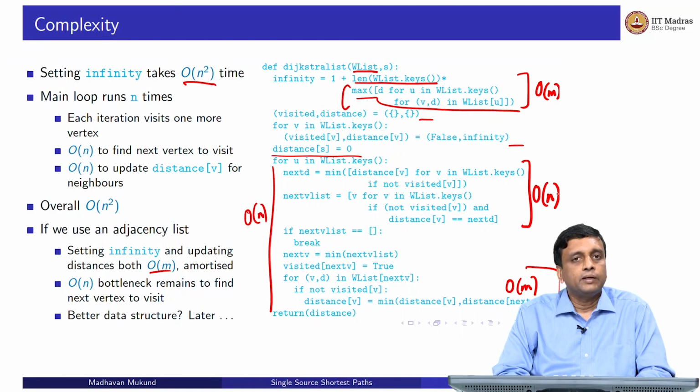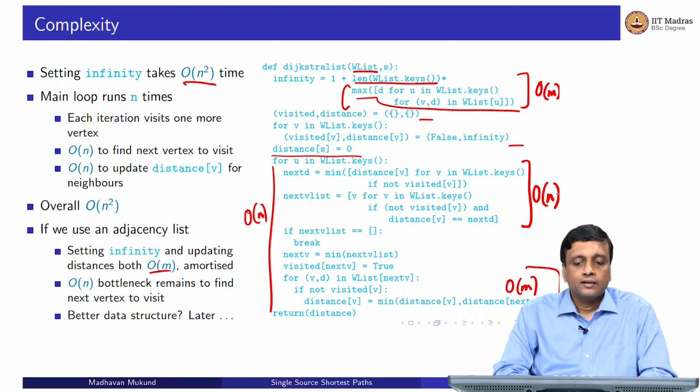I need to find the minimum vertex, and therefore I need to spend order n time to scan through all the vertices which are unvisited and find the minimum, because these are in no particular order. So if we do not have a better way of doing that, even with an adjacency list, the second loop is going to take order n squared time.